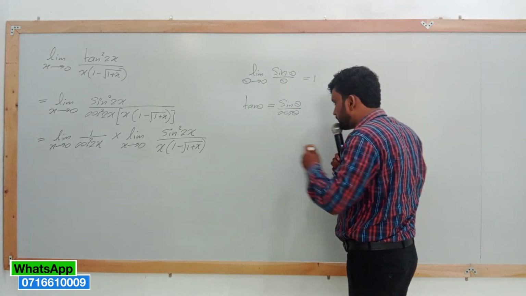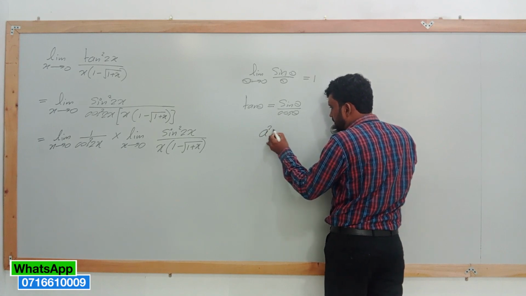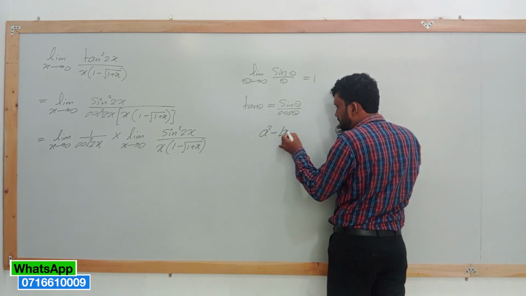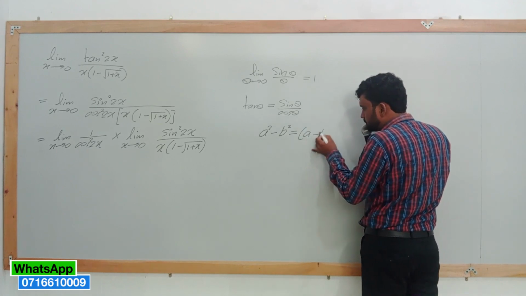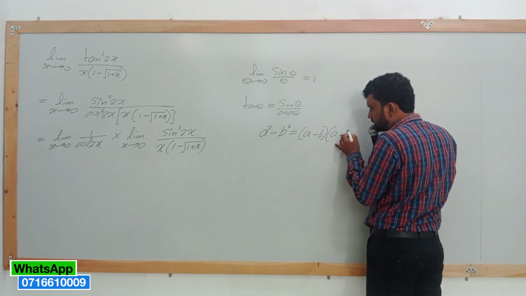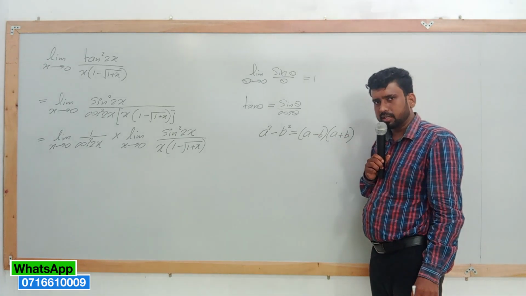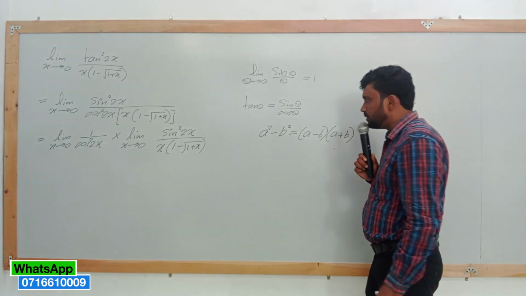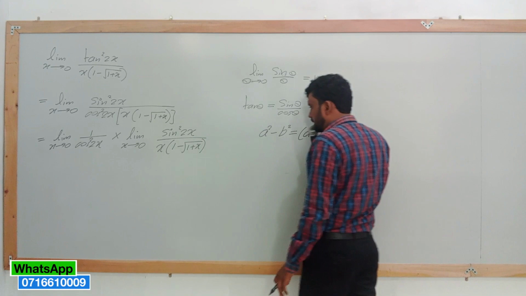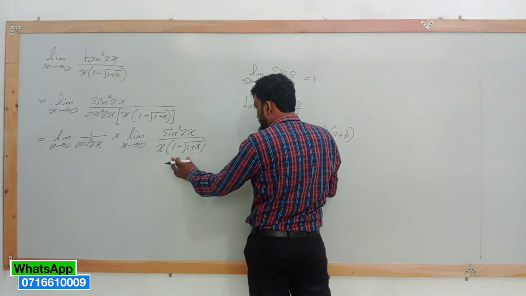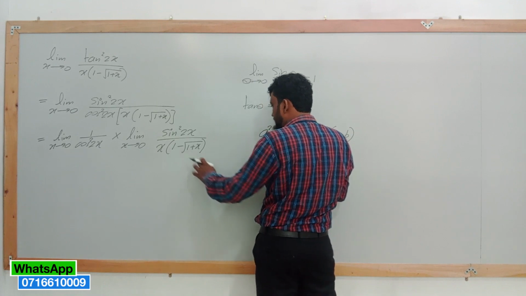You know the conjugate. What is that? a square minus b square equals a minus b into a plus b, right? Then we have to take the conjugate of this one: 1 plus root 1 plus x.